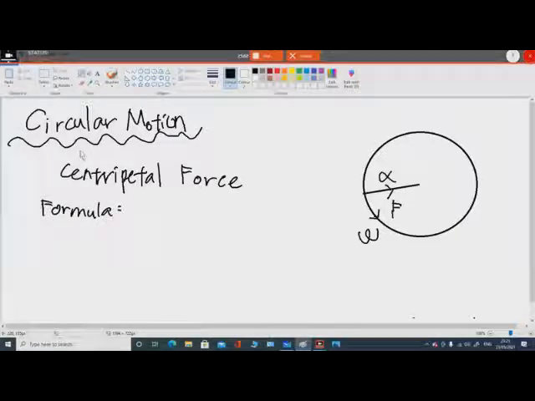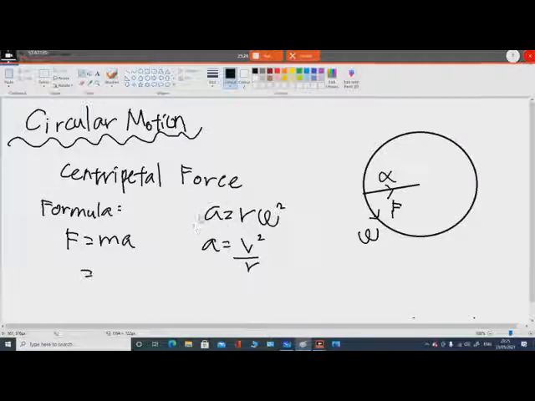Basically, force is actually equal to ma. Just now we talked about the formula for acceleration, which is r omega square, and a is also given as v squared over r.